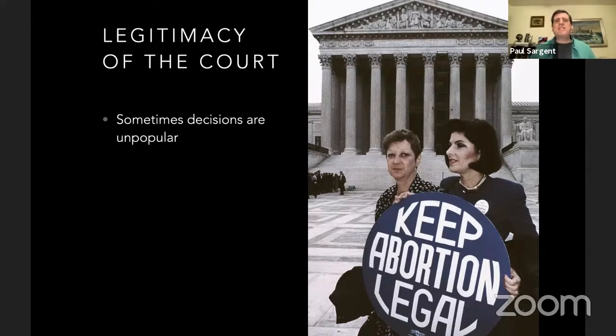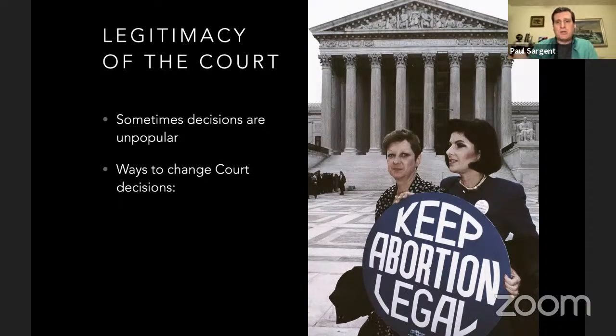But every time there's a group of people who don't agree with the court decisions, there comes this discussion about what the legitimacy of the court is. Remember, these are unelected officials serving lifetime terms, so they are not accountable to the people at all who are making these big decisions. But keep in mind, even in controversial court decisions, like the decision in Roe v.